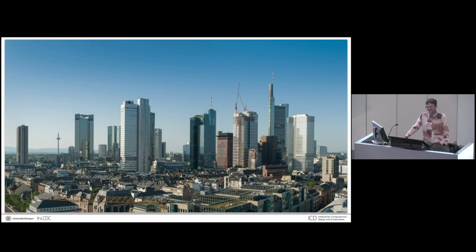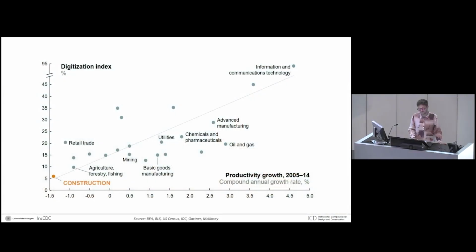And if that sounds crazy, it actually is, because our current means of architectural construction are simply not capable of doing this. And one of the major reasons behind this, we postulate in the cluster in Stuttgart, is due to the low digitalization of the construction industry.